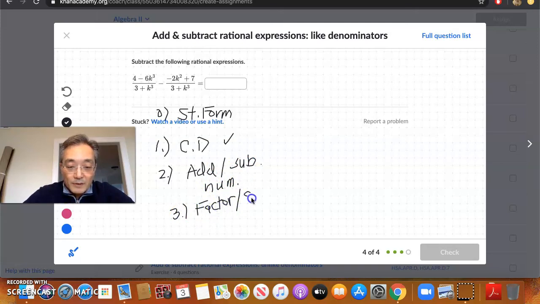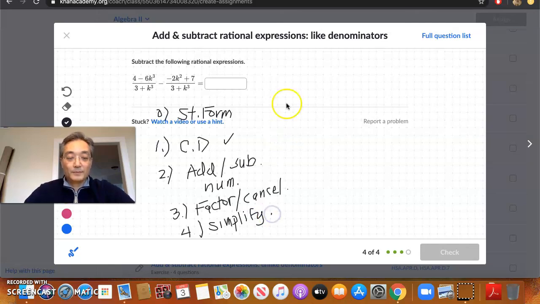In the later problems, we will have to do this. So factor and cancel, and then simplify. Let's get right to it. Rewrite everything in standard form.